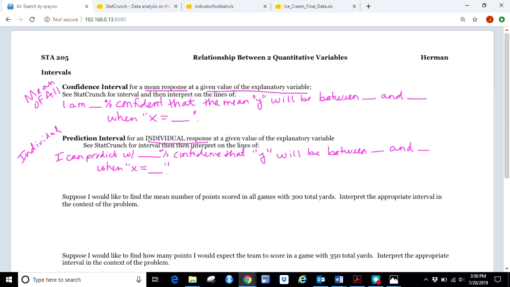So a lot of this begins to make more sense as we dive into doing an example.